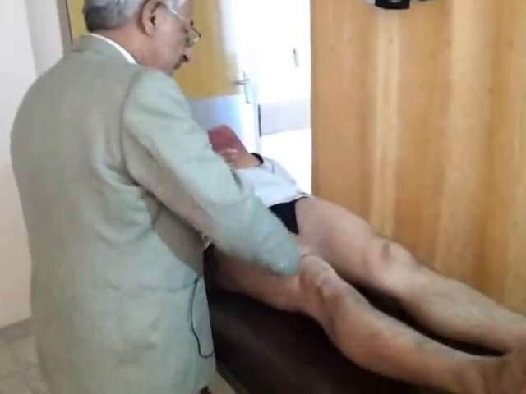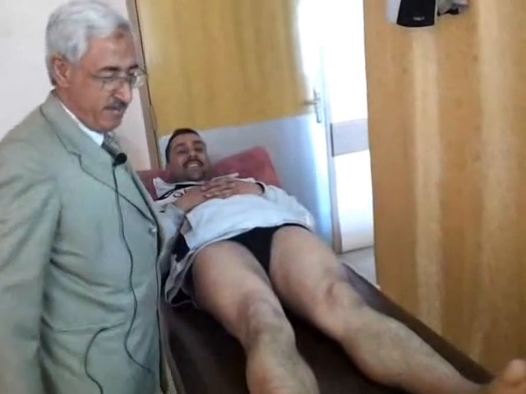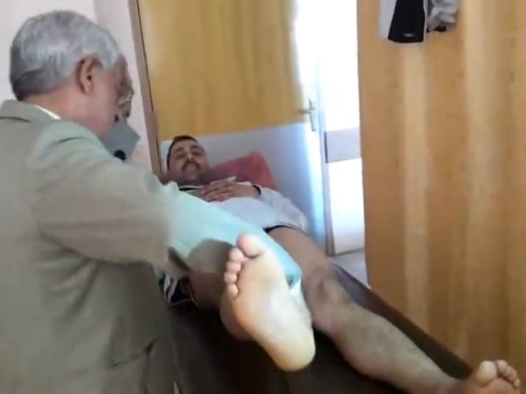Now I am going to perform the power according to the function of each joint. Right. Lift your leg. Lift it strongly. It's very strong. Grade 5.